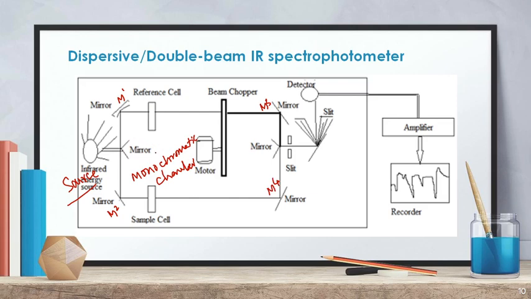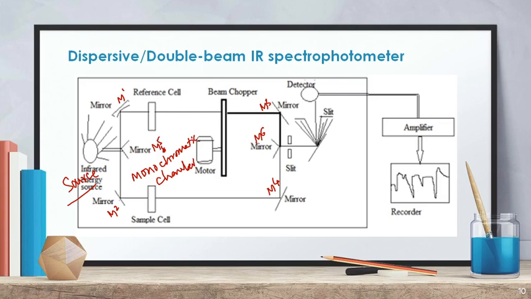These are mirror M5 and this is mirror M6, right? Whenever the radiation emitted from the source enters through an entrance slit, it has to reach the mirrors. So the mirrors are already placed inside the monochromatic chamber.